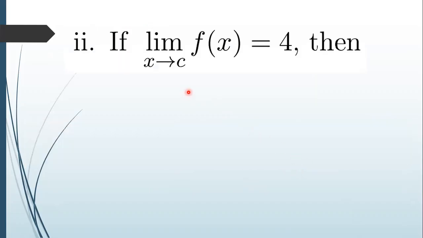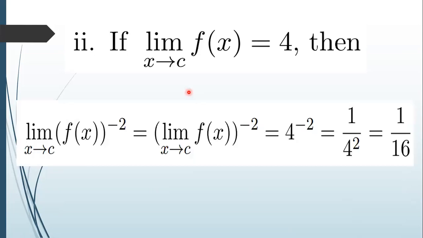Another one. If the limit of f of x as x approaches c is 4, then if we are going to raise it to negative 2, we are going to apply the same process. 4 raised to the power of negative 2 is equal to 1 over 4 squared, and that's equal to 1 over 16. If you might be wondering, we are applying here the laws of exponent. If we have a negative exponent, then we can simplify it by placing it on the opposite side.